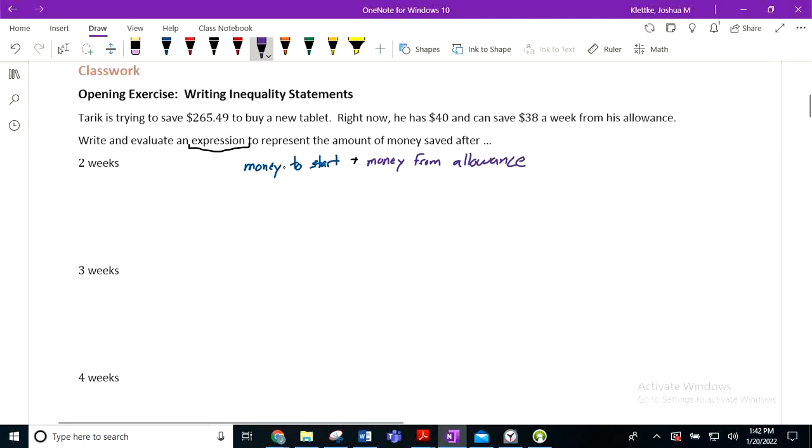So let's kind of break that down. Money to start, well, how much does he have now? Plus, how much will he get from his allowance after 2 weeks of allowance?